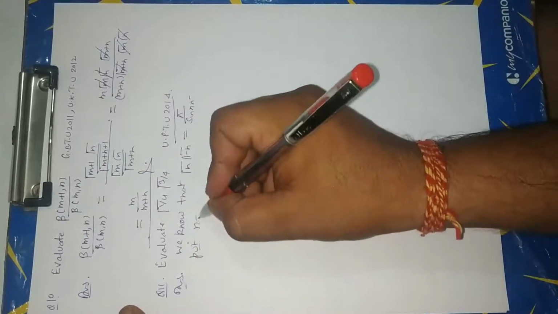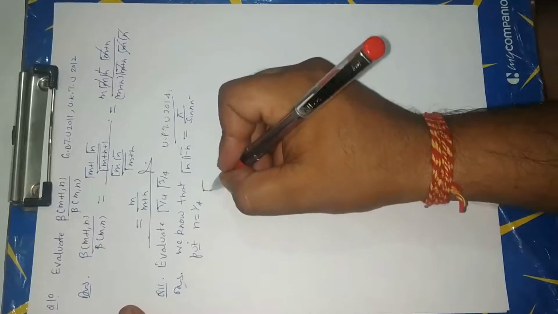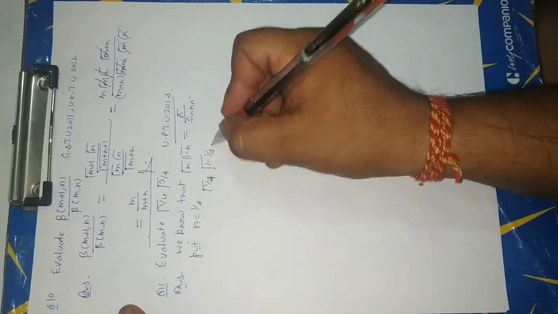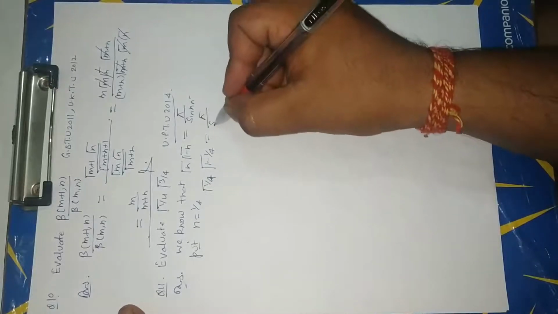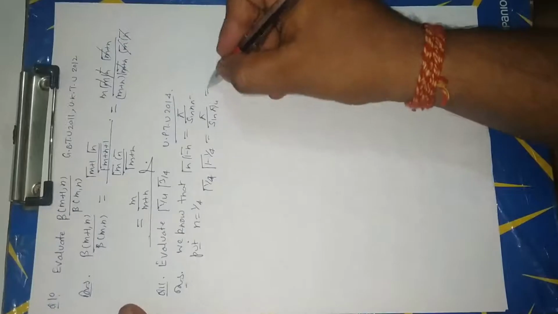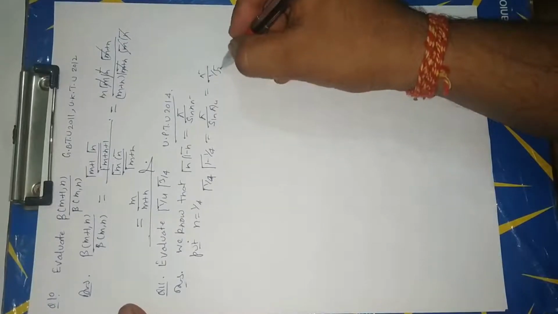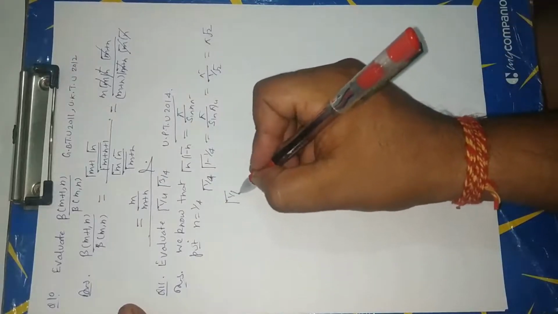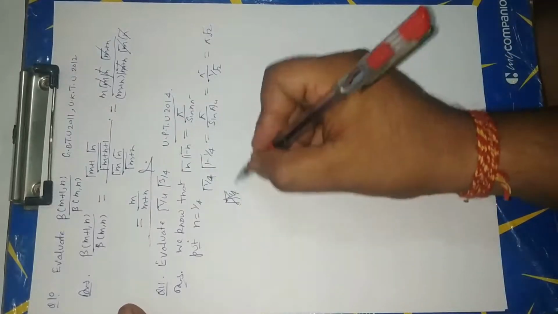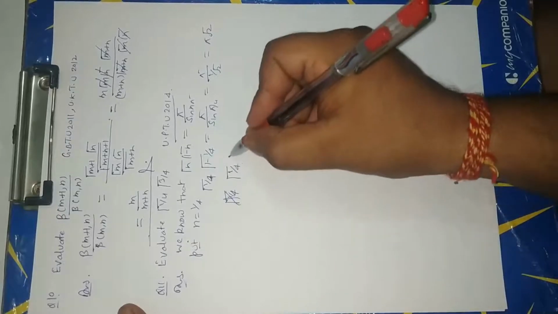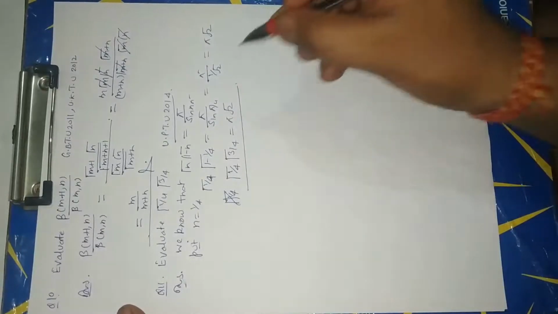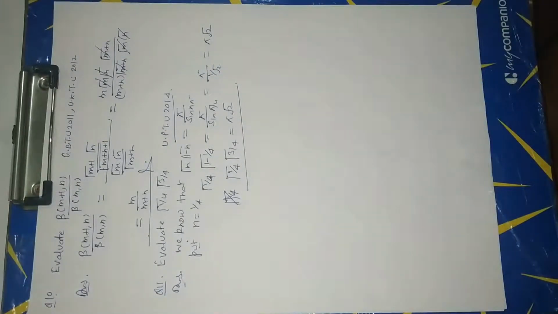Put n equal to 1 by 4. Then gamma(1 by 4) gamma(1 minus 1 by 4) is equal to pi upon sin pi by 4, which is pi upon 1 upon under root 2, that is pi under root 2. So gamma(1 by 4) gamma(3 by 4) is equal to pi under root 2, which is the answer. Now next question.